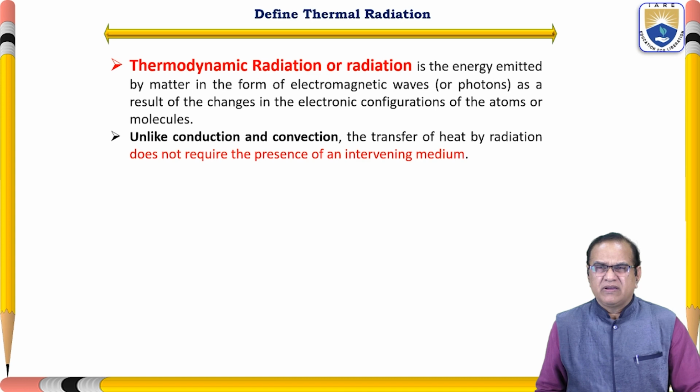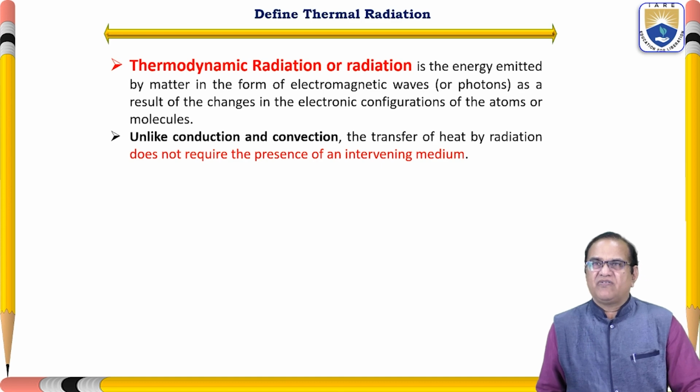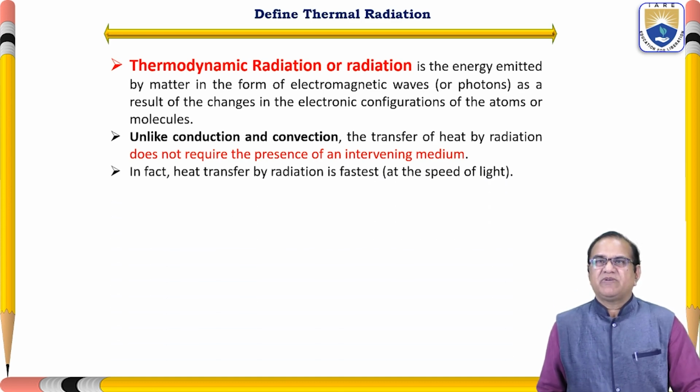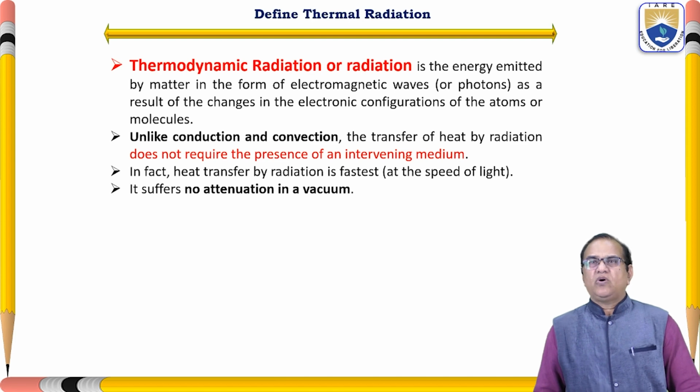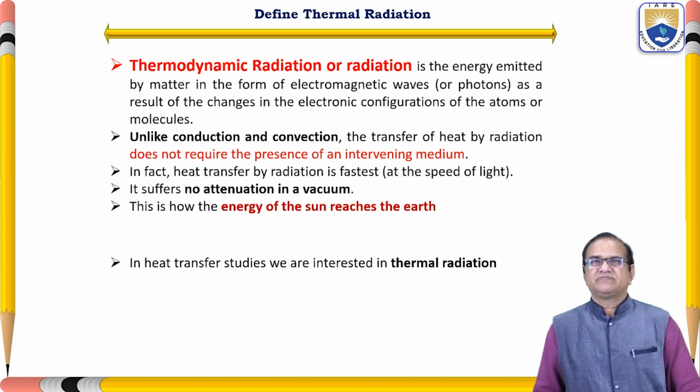Unlike conduction and convection, the transfer of heat by radiation does not require the presence of an intervening medium. In fact, heat transfer by radiation is fastest, at the speed of light. It suffers no attenuation in a vacuum. This is how the energy of the sun reaches the earth.